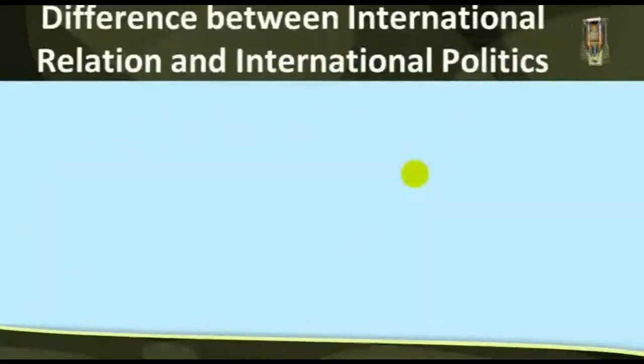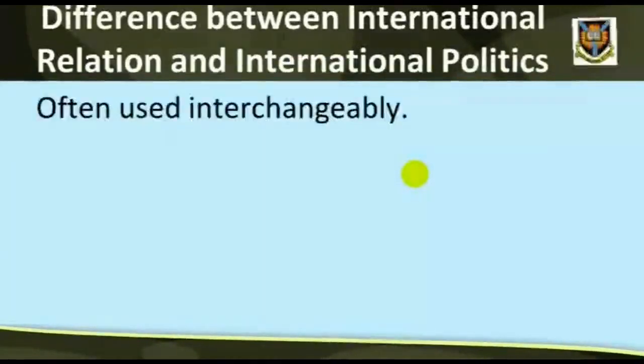Differences between international relations and international politics. International relations is the study and practice of political relationships among the world's nations, especially their governments. Diplomacy is the management of communication and relationships between nations.